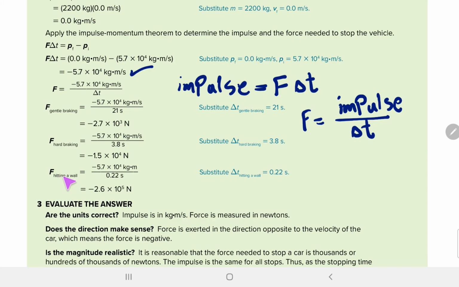The third one, when hitting a concrete wall in 0.22 seconds, F equals minus 5.7 times 10 to the power 4 over 0.22, and the final result will be minus 2.6 times 10 to the power 5 newtons.